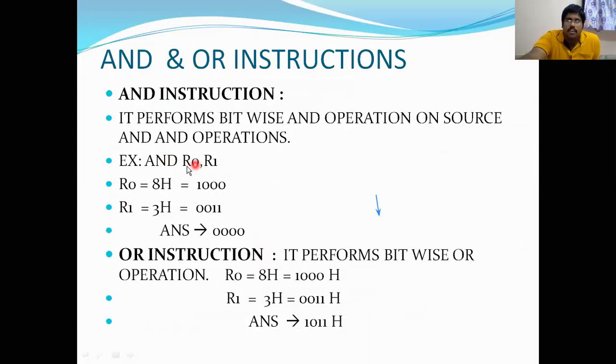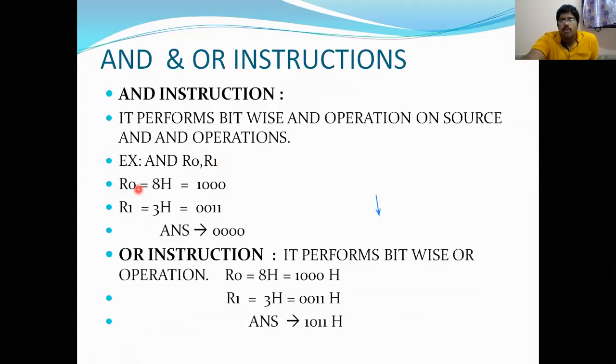That means the AND operation is performed between the R0 and R1 registers, and the result is stored in the R0 register, because whichever register is written in the first place, there the value is stored. Its syntax is AND space destination comma source.